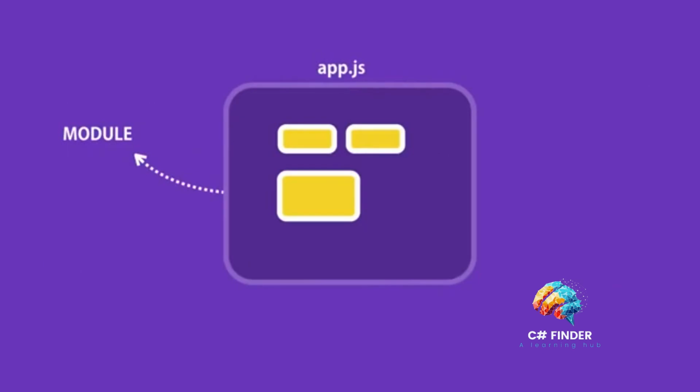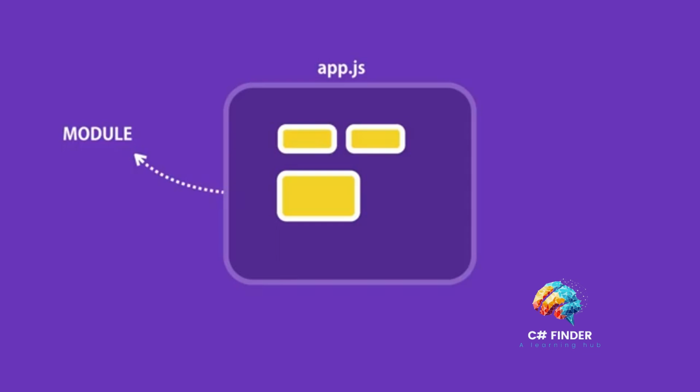So every file in a Node application is considered a module. The variables and functions we define in that file or that module are scoped to that file. In object-oriented programming terms, we say they are private. They are not available outside that container, outside that module. If you want to use a variable or a function defined in a module outside that module, you need to explicitly export it and make it public. And we're going to look at that in the next lecture.